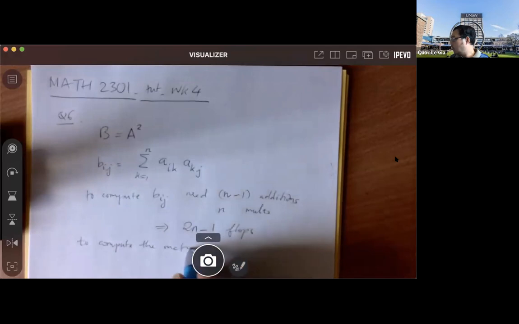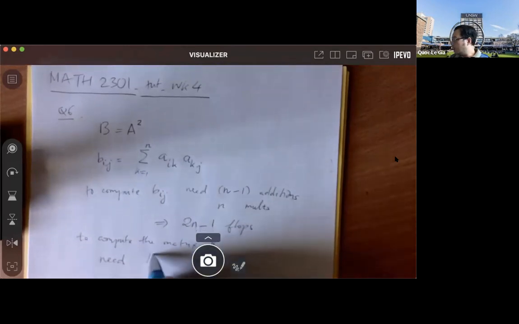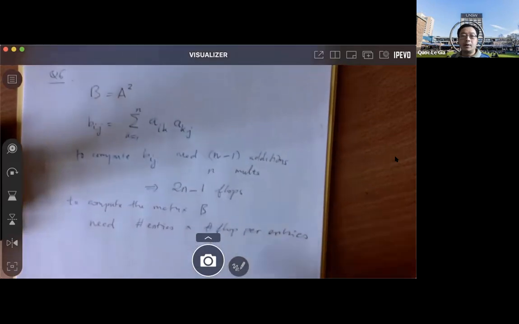So then to compute the whole matrix B, you need how many operations? Well, you need the total number of entries multiplied with the number of flops per entry. So how many entries do you have in the matrix B?